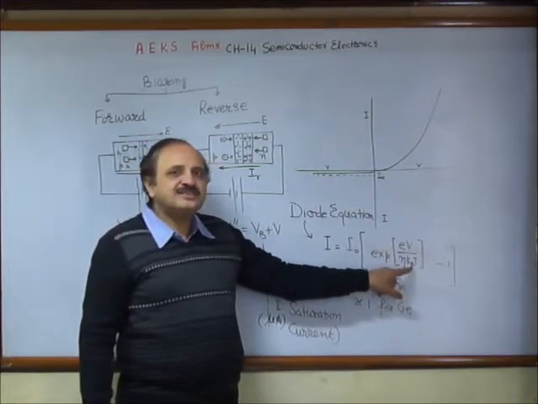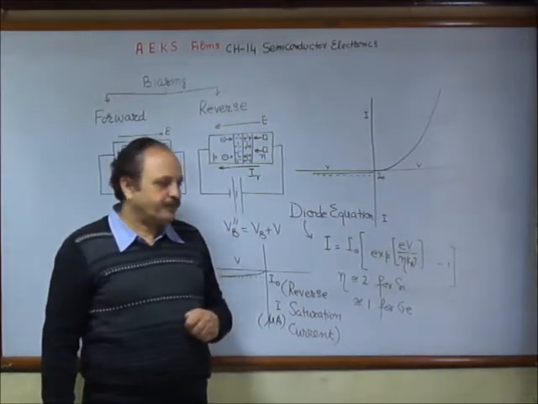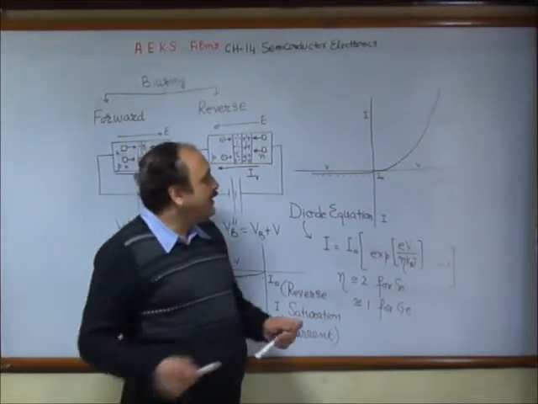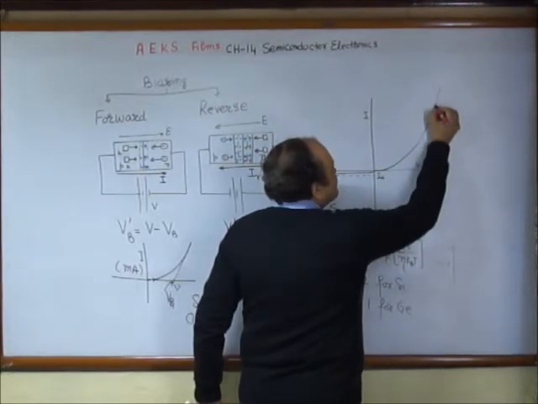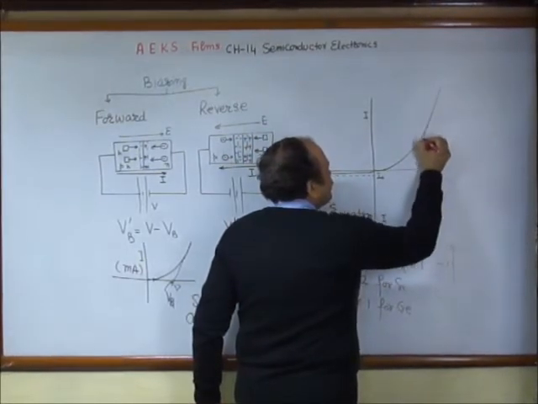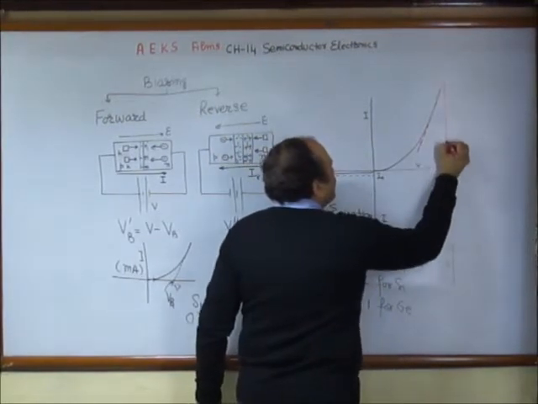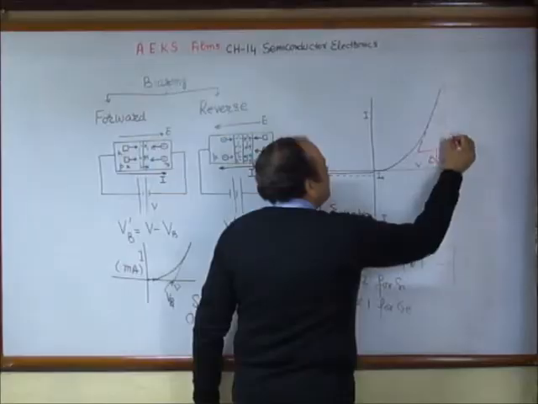Kb is the Boltzmann constant and T is the absolute temperature. One can find out from this region, which is a straight line region, a parameter, say delta V divided by delta I.